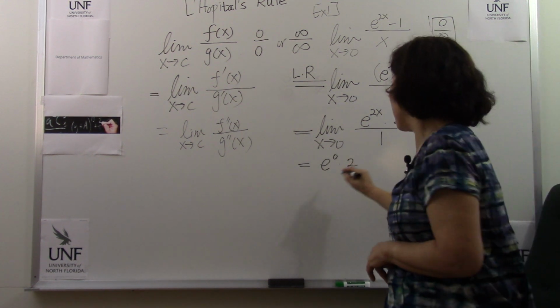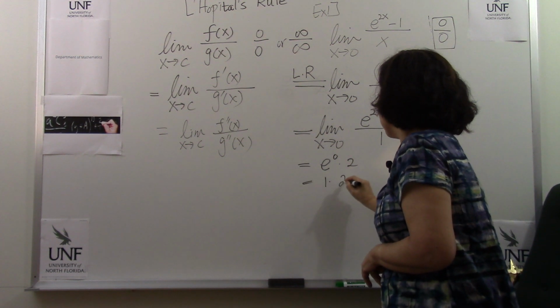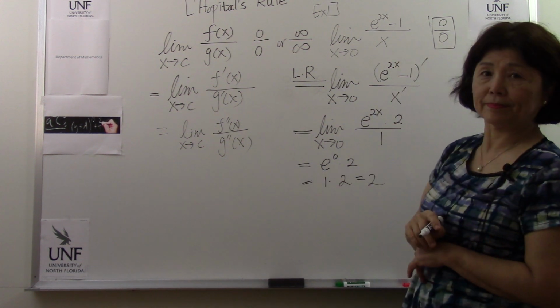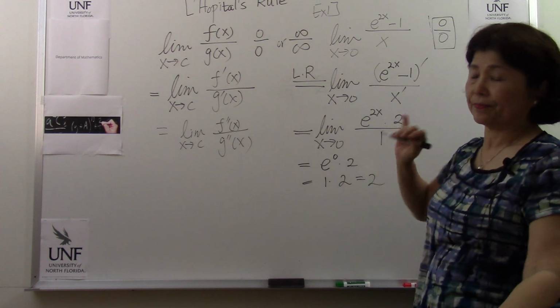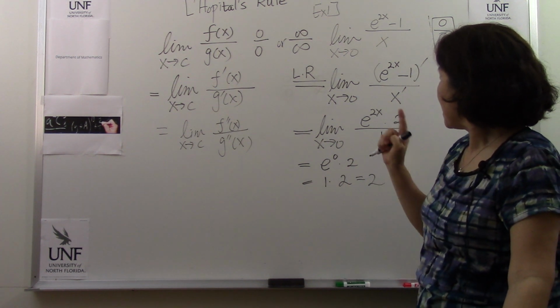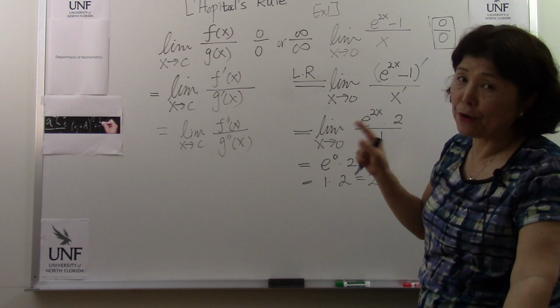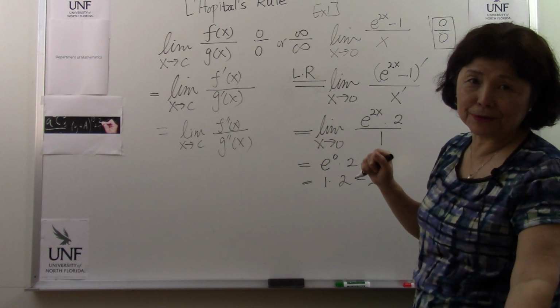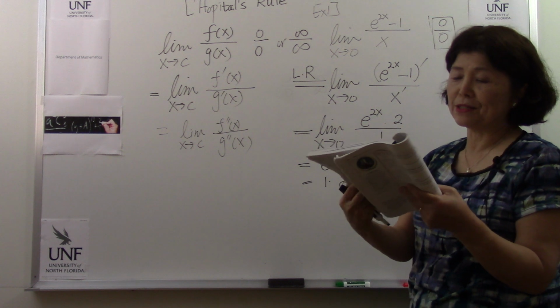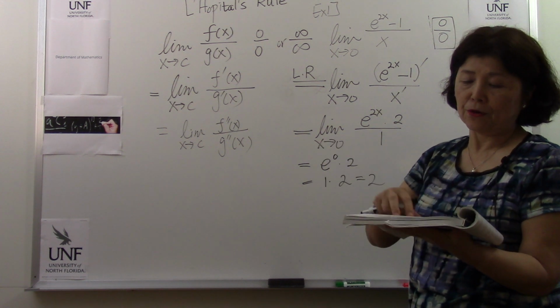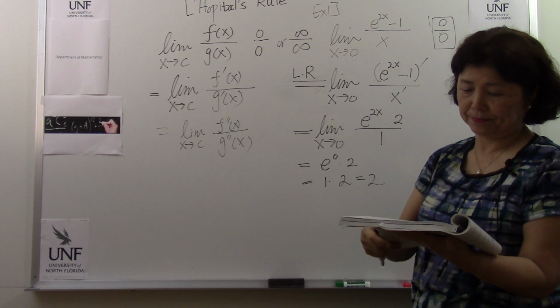Isn't that right? Therefore, we can say 1 times 2, which is 2. Okay? So, very first thing, you must recognize the indeterminate form. Otherwise, you cannot use L'Hopital's rule. Okay? Sometimes you just overuse L'Hopital's rule. That's the problem. Okay.